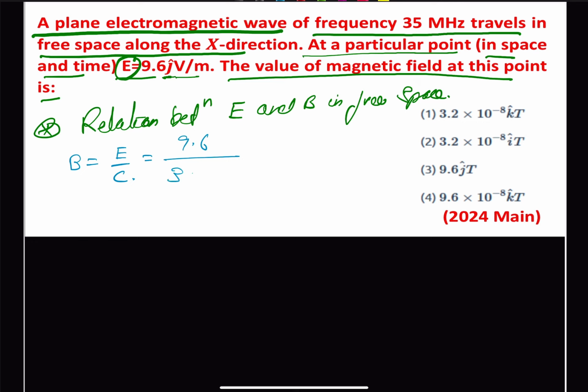C is the speed of light, that is 3 into 10 to the power 8. So this comes as 3.2 into 10 to the power minus 8 Tesla.